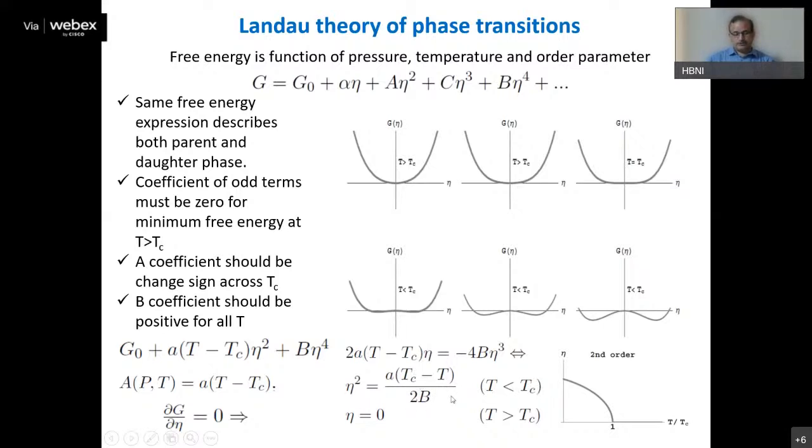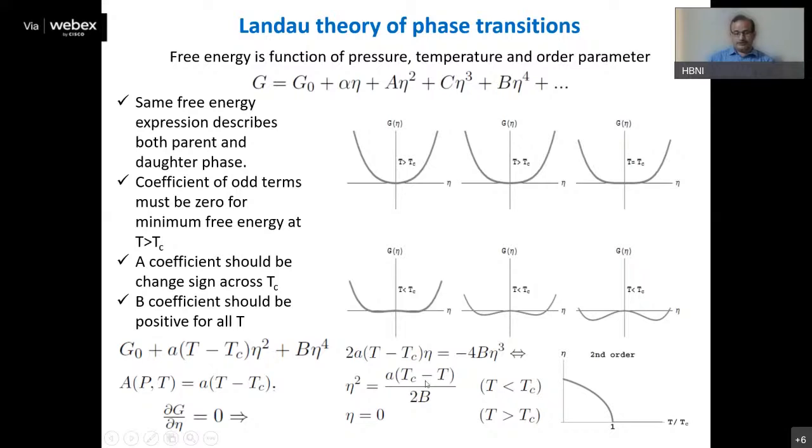If you see, this expression has a parabolic shape. So the order parameter basically depends on the half power of this temperature. And this is one of the critical exponents. So you can very easily, by the formalism itself, get the value of the critical exponent.